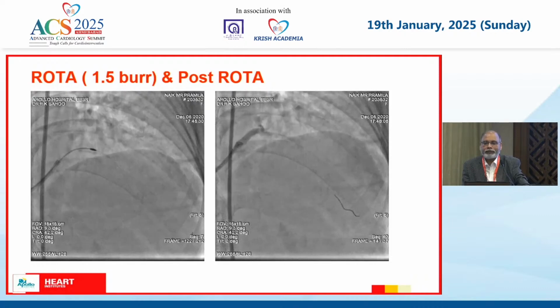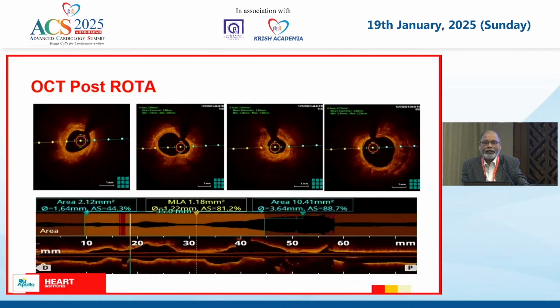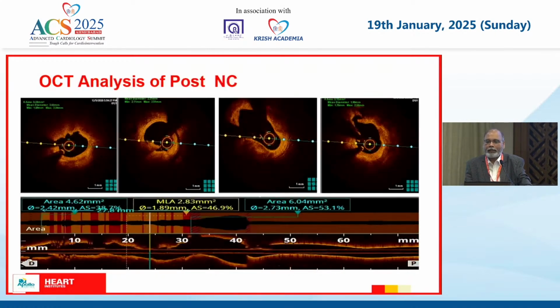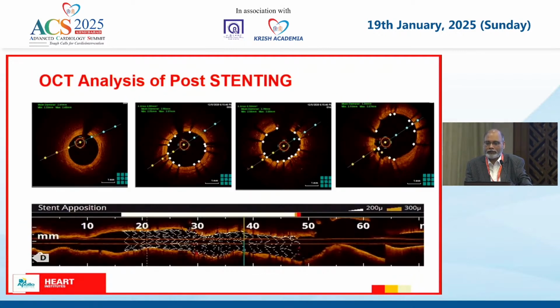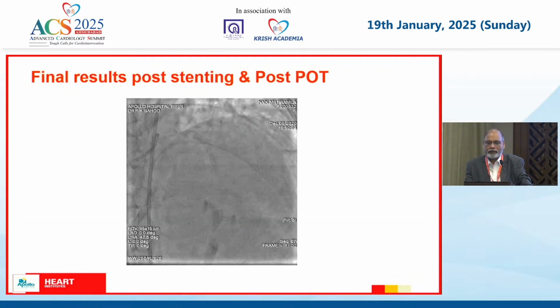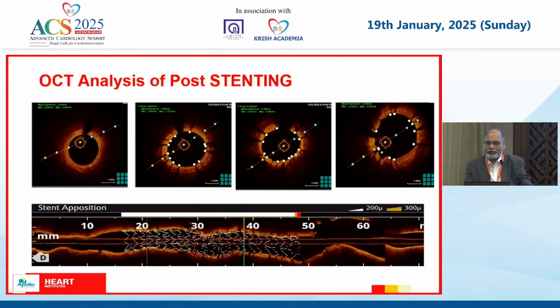We just went ahead with the rotational atherectomy, and then this was a post-rota, with calcium debulking, which you can see, but it still needs work to be done. So you had to work with an NC balloon, and finally post-NC you can see it has expanded well because the shaving has been done, and based on this we could put in our stent, and this is a result of post-stenting, where we can see that the stent has expanded.